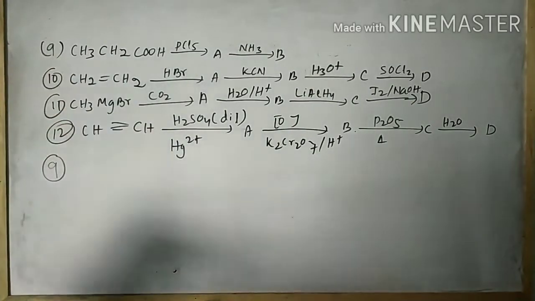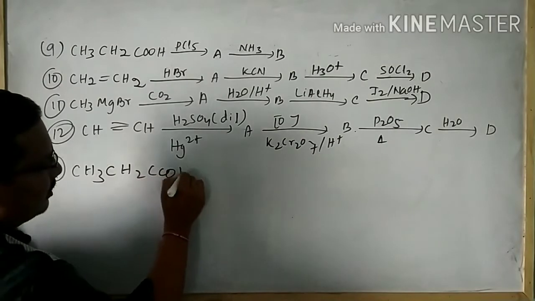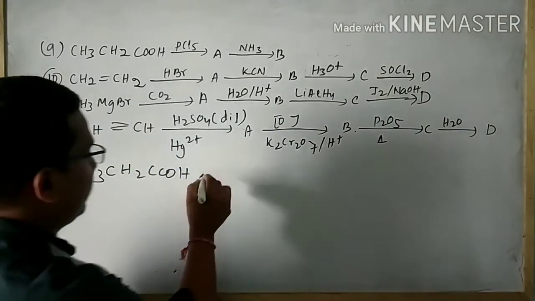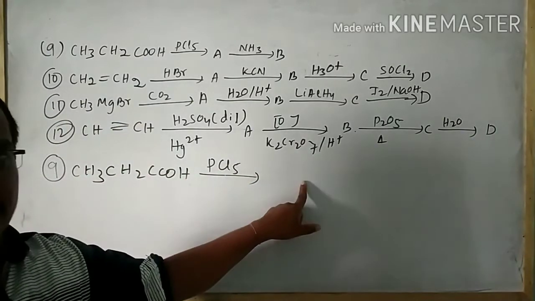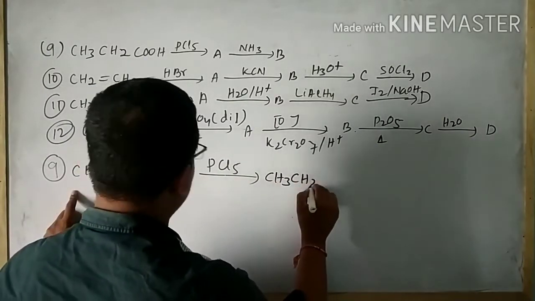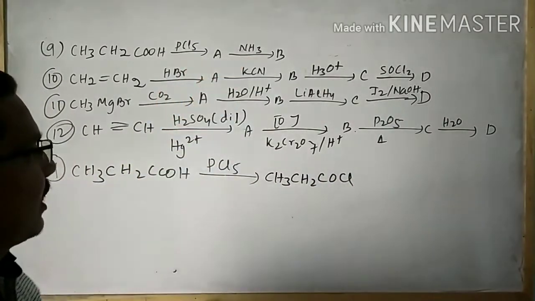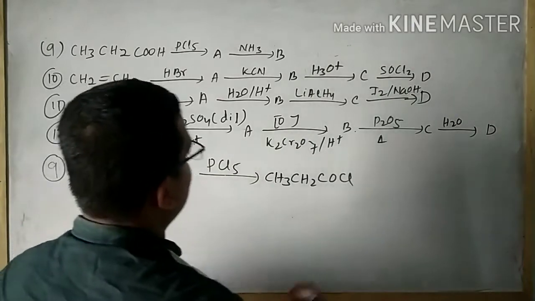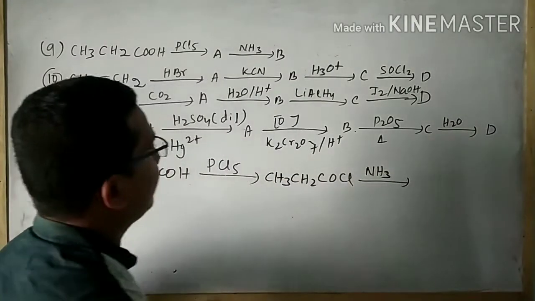Now I will solve this question. Here CH3CH2COOH is given. Now it is subjected to reaction with PCl5, means acid chloride is formed. That is your CH3CH2COCl. Then again it is subjected to reaction with NH3.